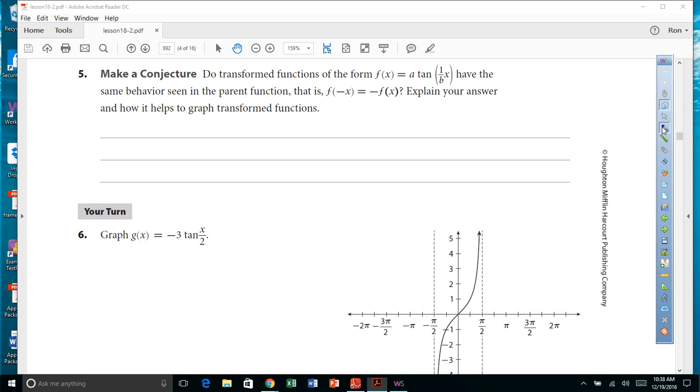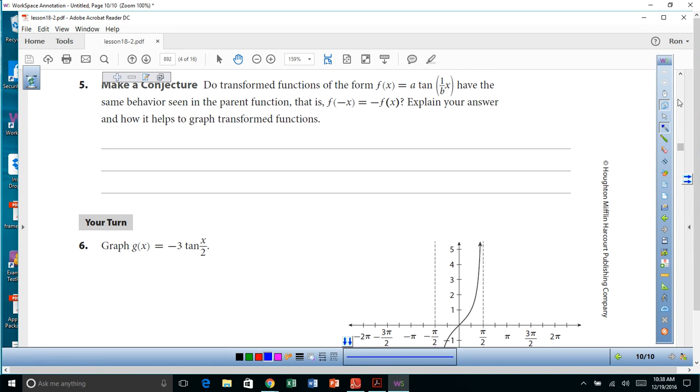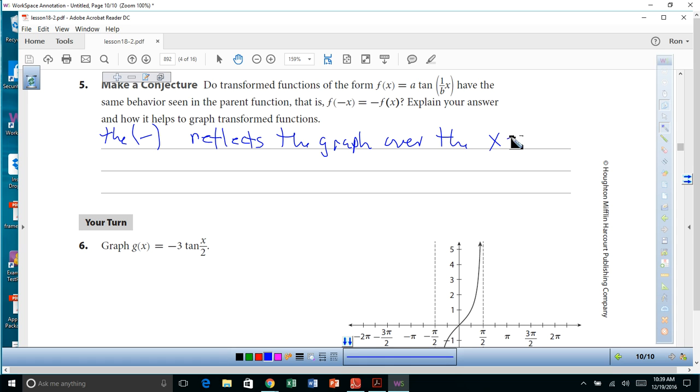All right. f of negative x equals, what does it do? Well, the negative reflects the graph over the x-axis.